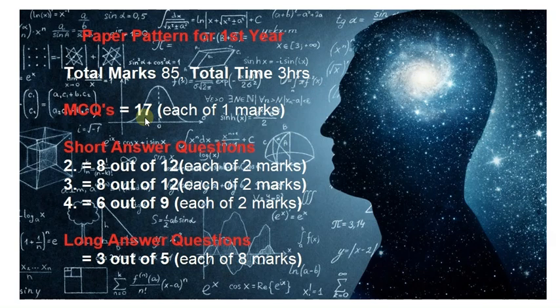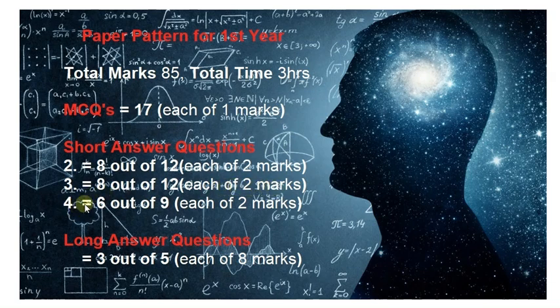The subjective paper consists of short answer questions, question number 2, 3 and 4. Question number 2, total 12 short answer questions, in which 8 are to be answered, each containing 2 marks. Question number 3, total 12 short answer questions, out of which 8 are to be answered, each of 2 marks.